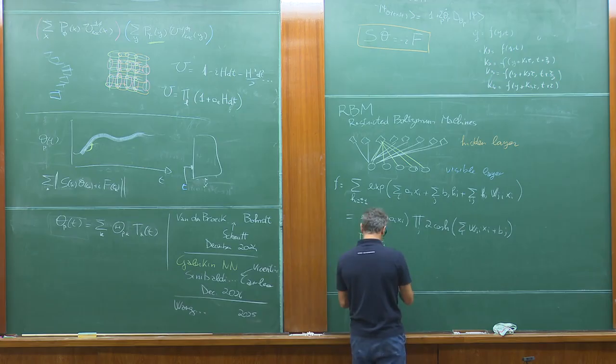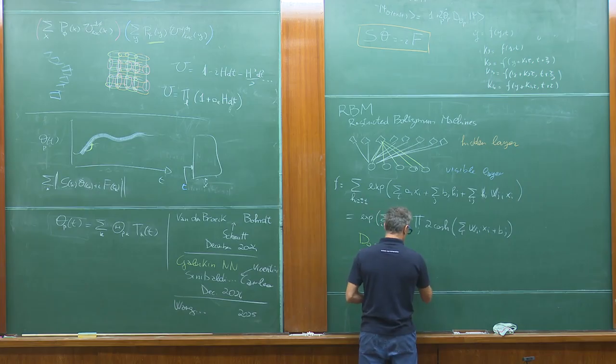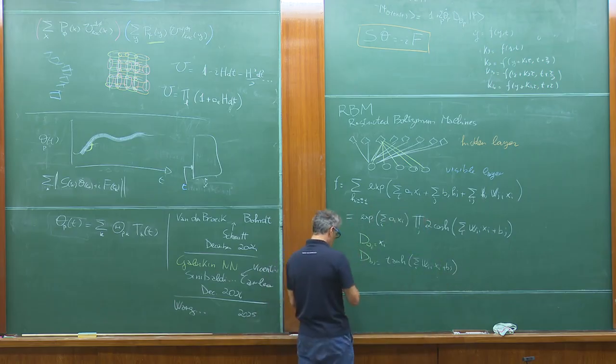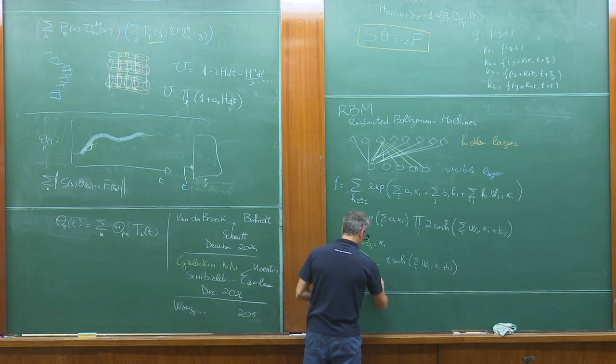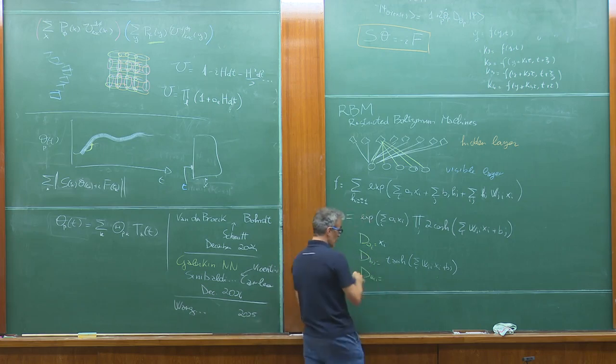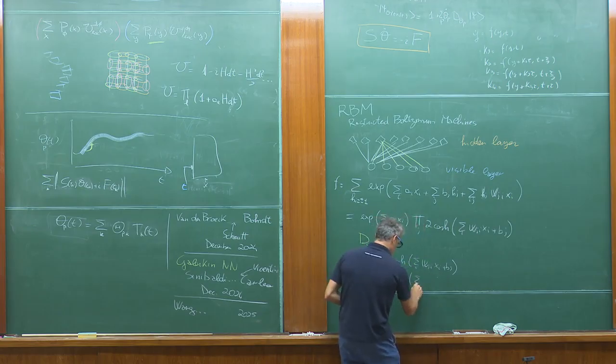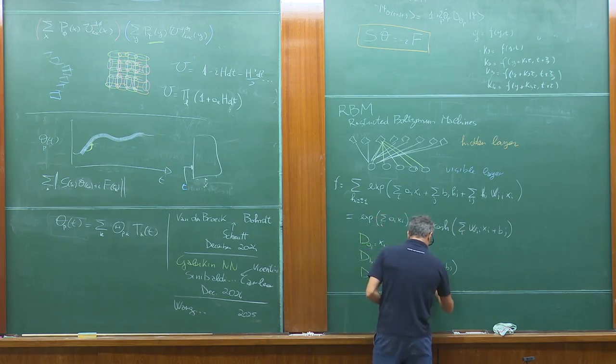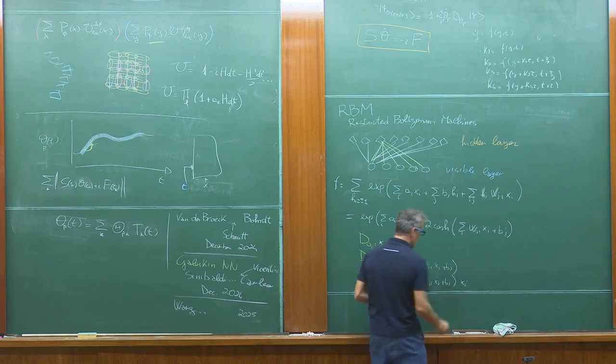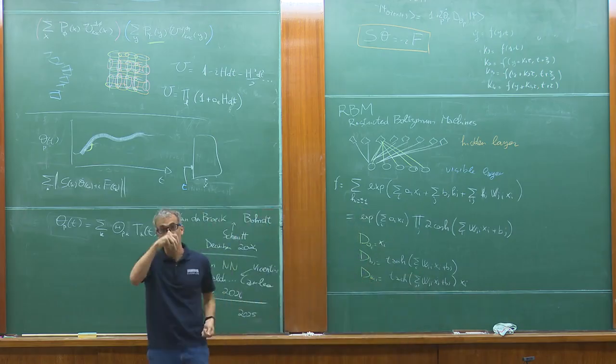This would be the hyperbolic tangent of the sum over i of wji xi plus bj. And if you take the derivative with respect to omega ij, this is again the tangent of the sum over i prime of omega ji prime xi prime plus bj, and then multiplied by xi. So we have all the derivatives analytically, and then you can build up everything.